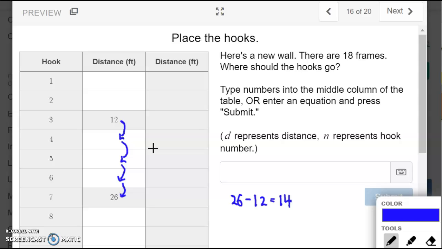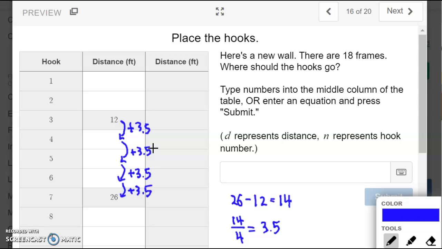So again, I'm going to divide by 4. 14 divided by 4 gets me 3.5. So that means I am going to add 3.5 each time.